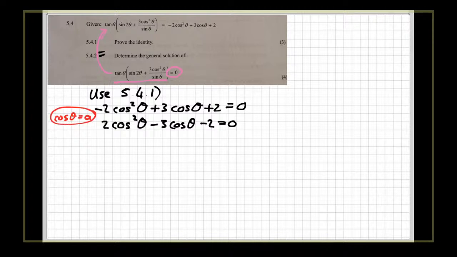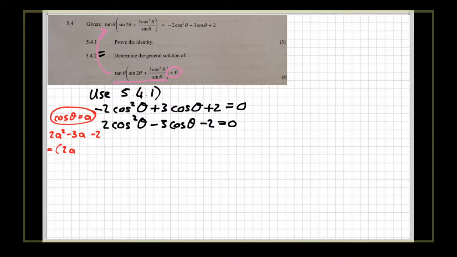But this you do on the side. You don't have to show this to the examiner. You do it on the side. And then you substitute that into your expression. So 2a squared minus 3a minus 2. Well, that's a simple thing to factorize, or at least it's supposed to be simple.